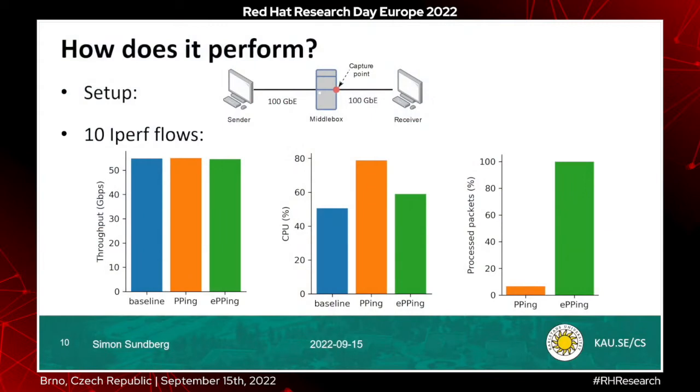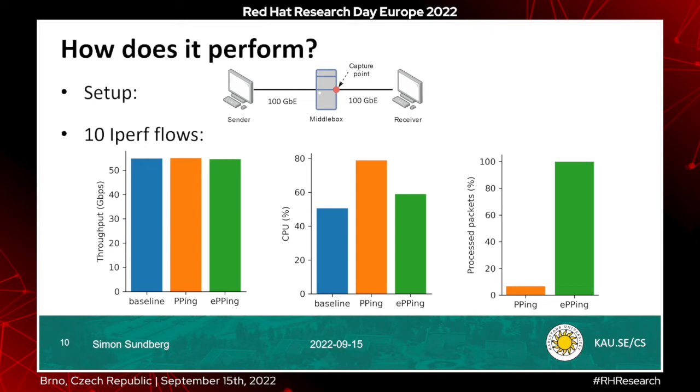So, did this work? Did we get any performance improvement? Well, we used a very simple test up here to test it. We have a sender and a receiver, and in between them a little middle box that, in this case, basically just acts as a router. It just forwards the traffic between them. And then we decided to passively monitor the network latency on this middle box.